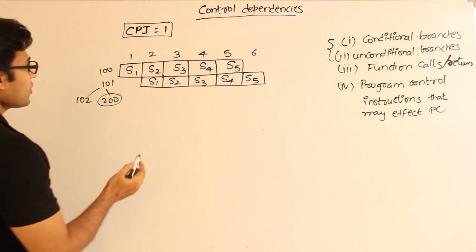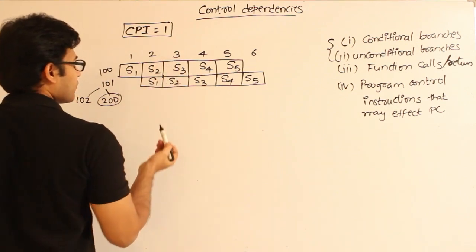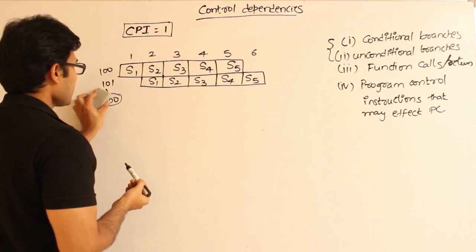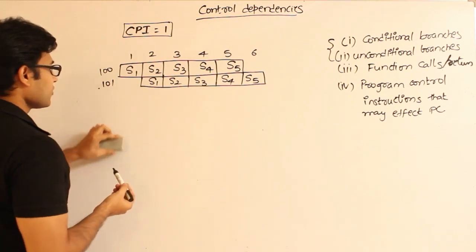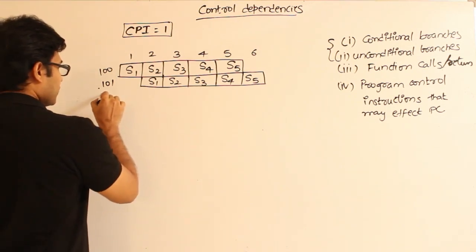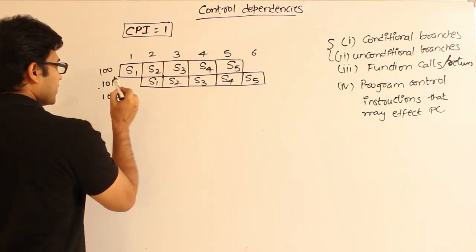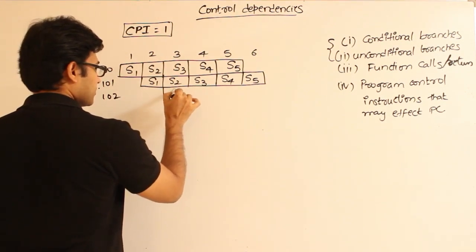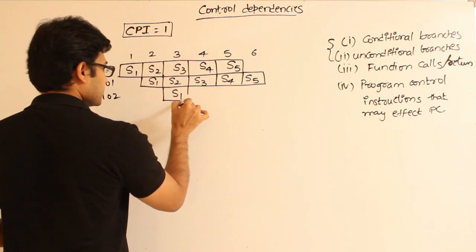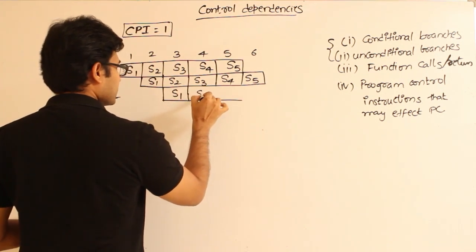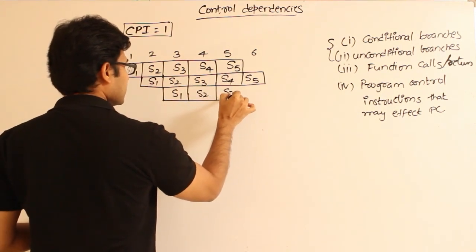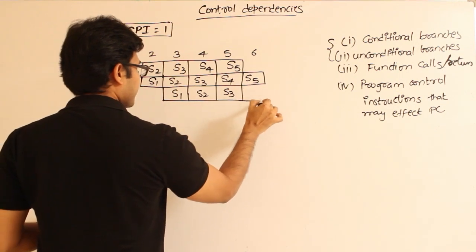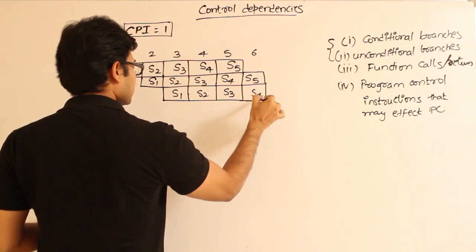So we don't know at this particular clock which instruction to fetch, but our program counter will be 102. Therefore the next instruction that will be fetched is 102 itself, right? So it will start executing S1, S2, S3, S4, right?